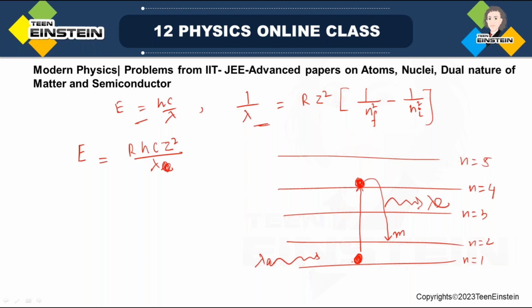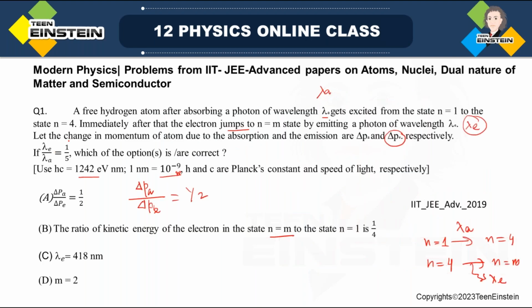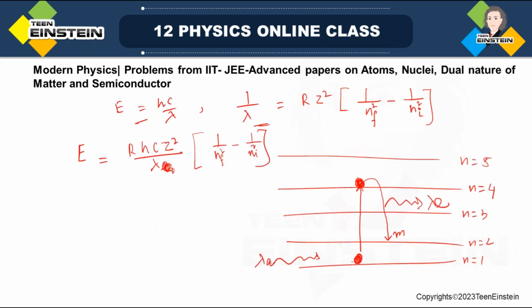In general, this is the general formula, and along with that we can write 1 over n initial square minus 1 over n final square. So according to the question, this thing is given already. We'll go with that flow.